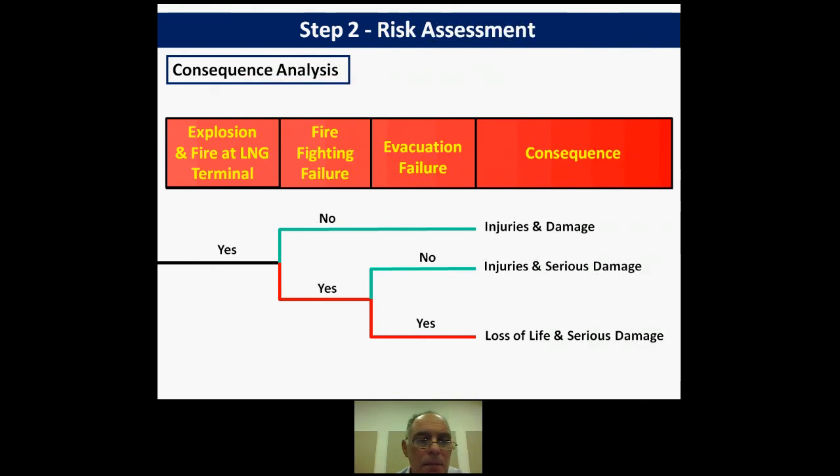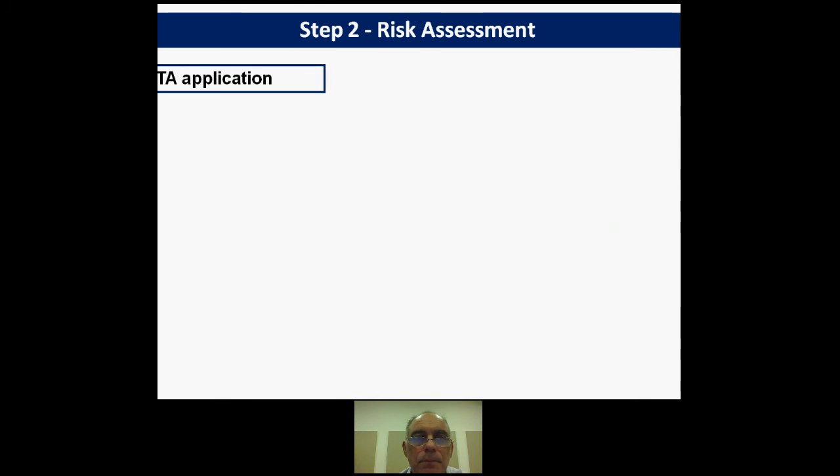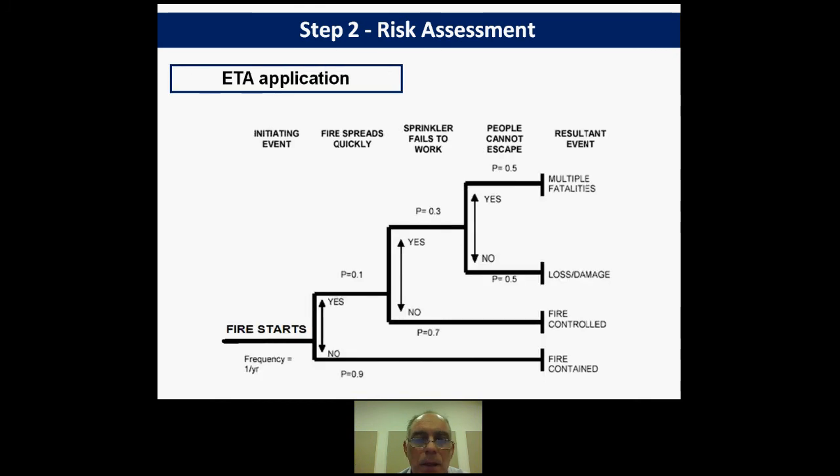So we start with the event or the accident case, and we look at its consequences, and we develop different scenarios with regard to consequences, which might be, as we said before, in terms of human loss or injuries, damage to property, or damage to the environment.